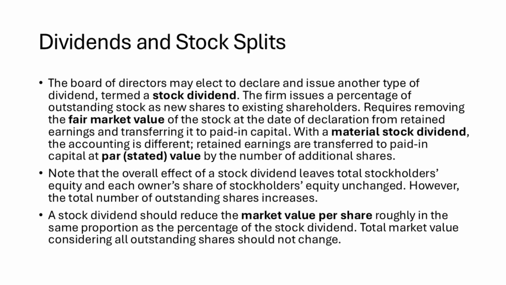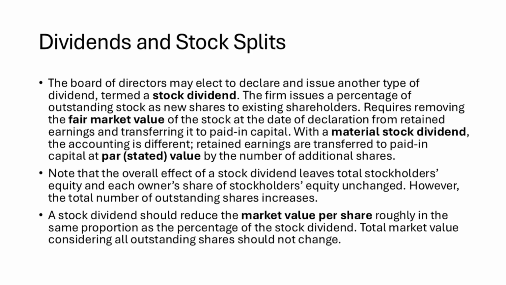With a larger stock dividend, the accounting is different. Retained earnings are transferred to the paid-in capital at the par value, or what we call the stated value, times the number of the additional shares.